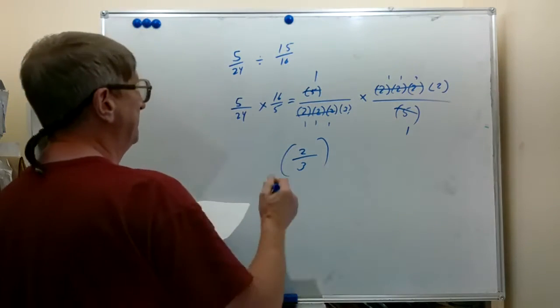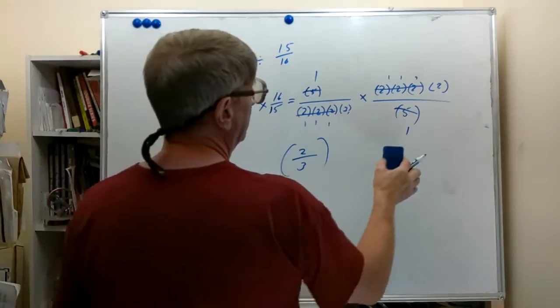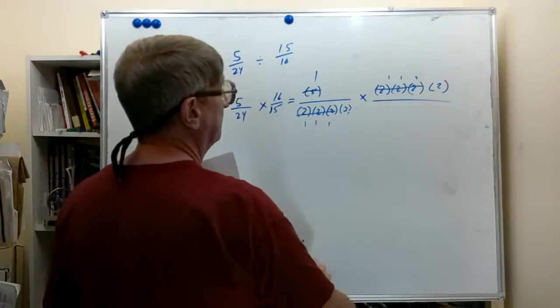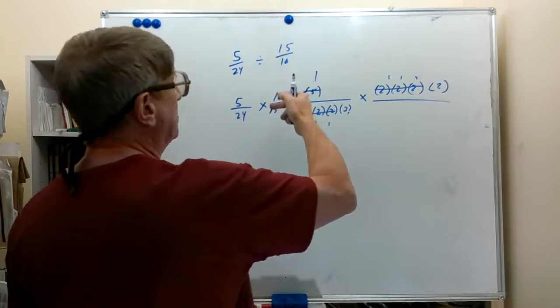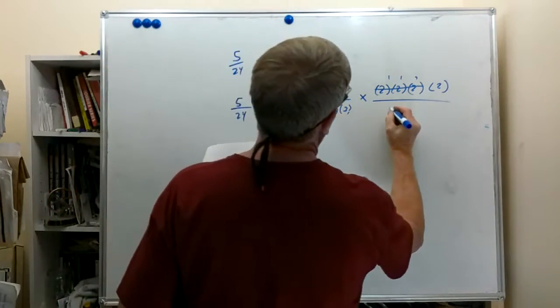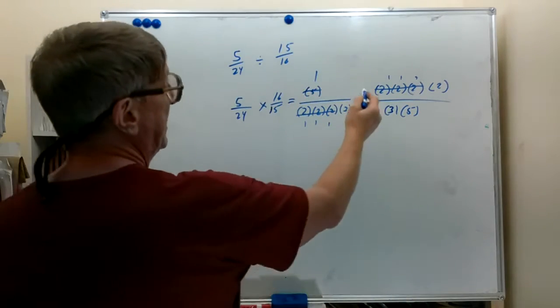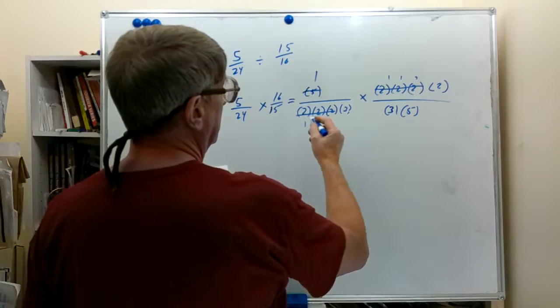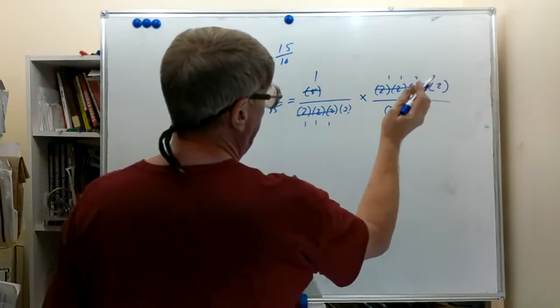No, I didn't do that right here. I missed this. This is 15. Okay, so I messed it up. When I inverted my divisor to get the reciprocal, I dropped the 1, so this was 3, 3, and 5. We canceled these 2's, and we canceled these 2's, we canceled the 5's.